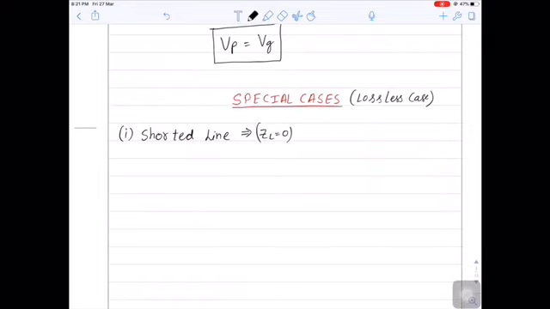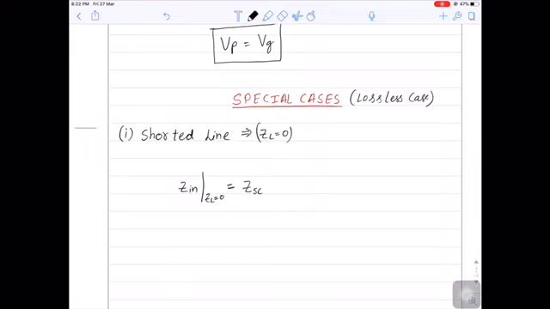If you substitute this ZL equal to 0 in the input impedance formula, then we call this impedance as ZSC, since the load terminal is short circuited.